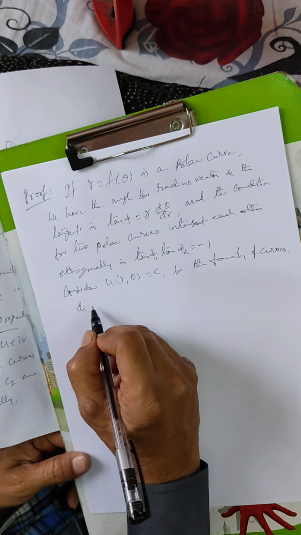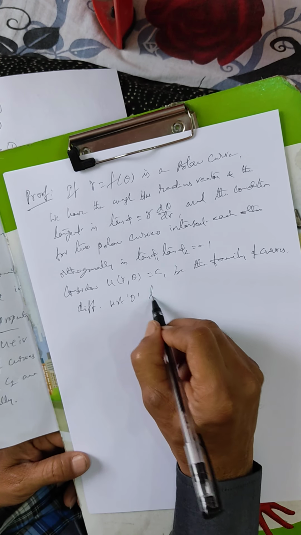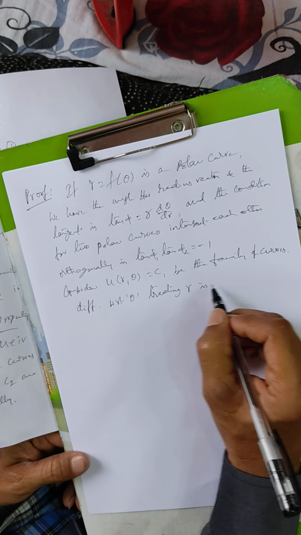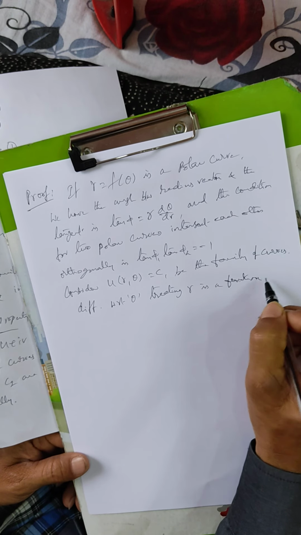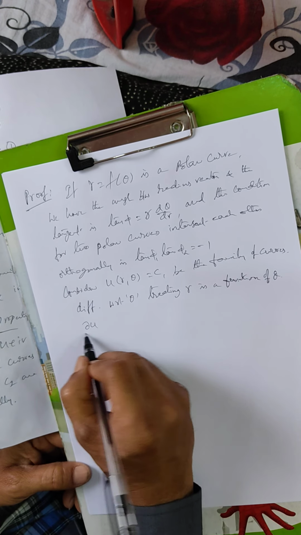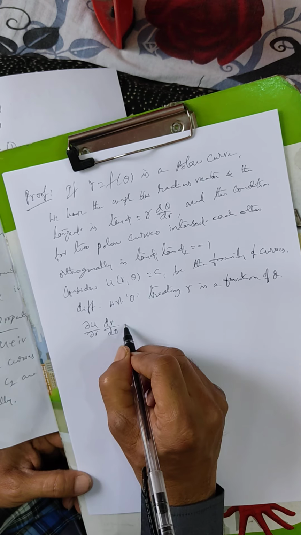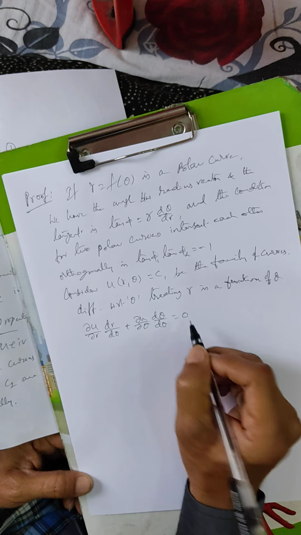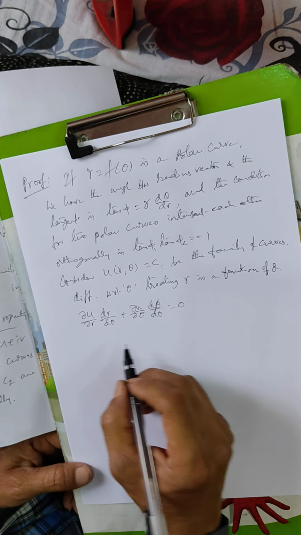So now let us differentiate with respect to θ, treating r as a function of θ. So that you get ∂u/∂r dr/dθ plus ∂u/∂θ dθ/dθ is equal to 0. So dθ/dθ gets cancelled.